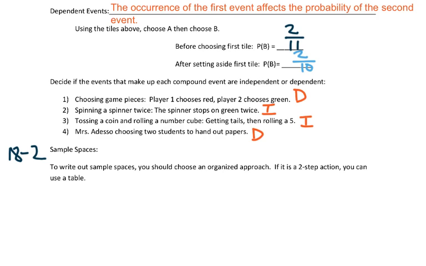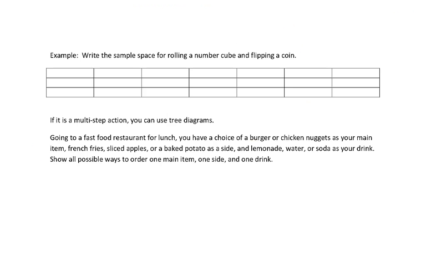So if you turn your page to the next page, here's an example of using a table. Write out the sample space, and if you recall, sample spaces are all the possible outcomes for rolling a number cube and flipping a coin. So when you make a table, you want to block off the first box here.